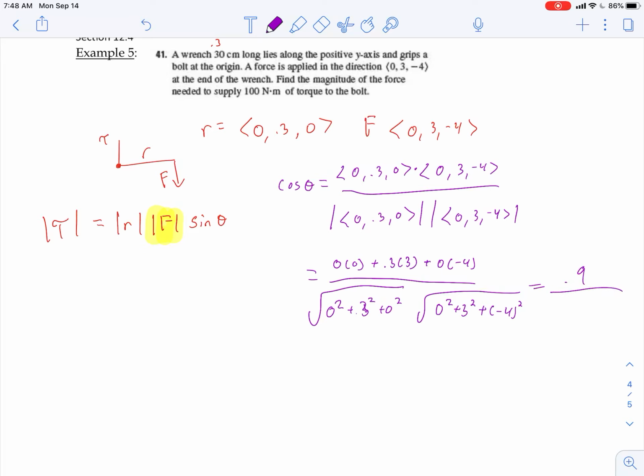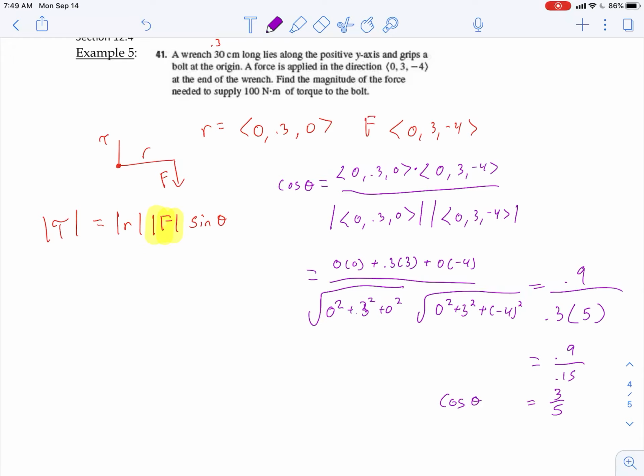So on top, we're just going to get 0.9, and on the bottom 0.3 times 5. And so we're left with 0.9 over 1.5, which is just going to reduce to 3/5.